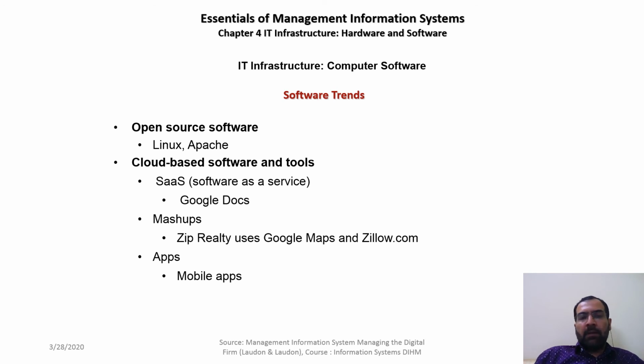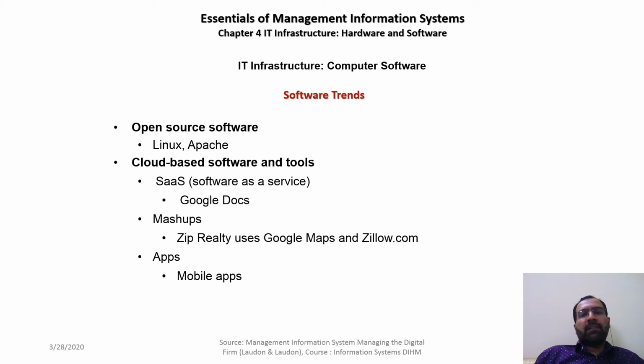Now, the software trends. We have various software trends, different types of machines which we use, and different types of open source software, for example Linux. When I say open source, it means software which is available for everyone, with the source code available for that particular application, and you may have your own versions as well.